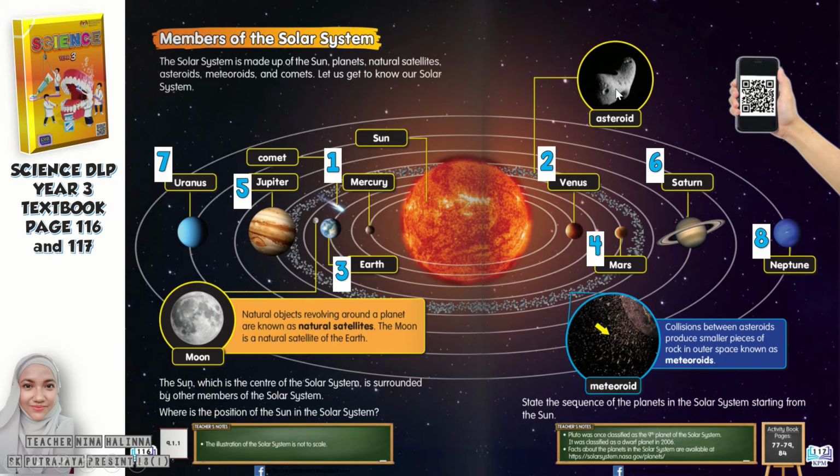So what are asteroids? Asteroids are actually rocks that surround the sun. Asteroids are not planets because, like I've mentioned before, planets are supposed to be round, and asteroids are not round, and they actually don't have proper orbits.